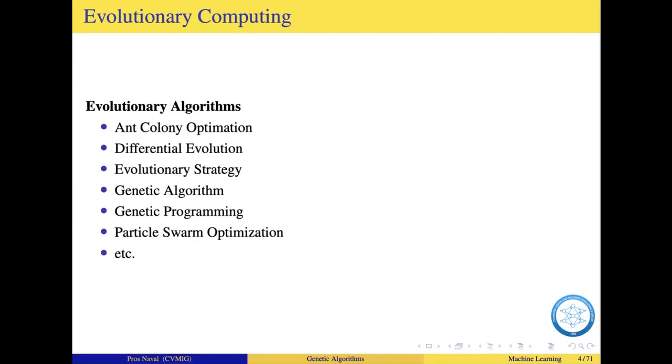There are many evolutionary computation algorithms. Among the more popular ones are the following: ACO or ant colony optimization, then differential evolution, ES or evolutionary strategy, your genetic algorithm or GA, then you have genetic programming or GP, particle swarm optimization or PSO, and so on.